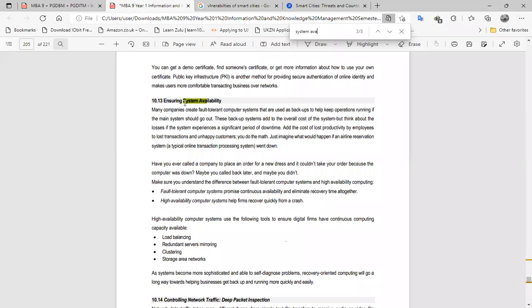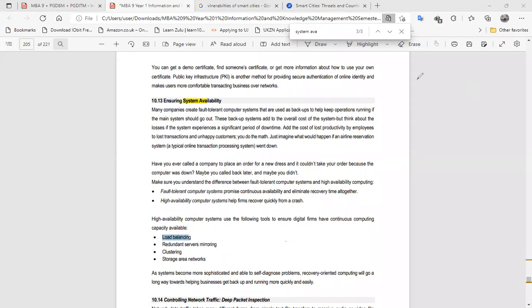It's more like a backup for you to use later on. So when we're talking about system availability, some of the things you need to take into account is what we call load balancing. With load balancing, I think we need to draw, because at least then I can explain to you what it is.